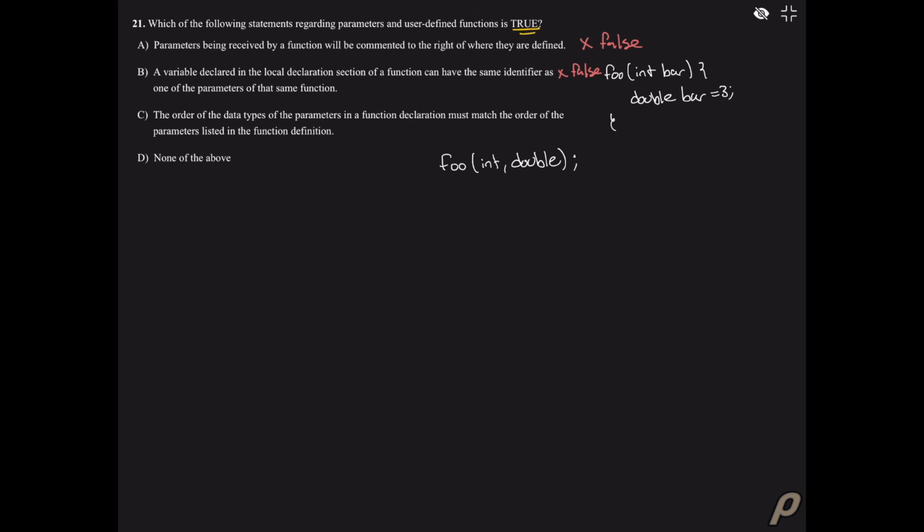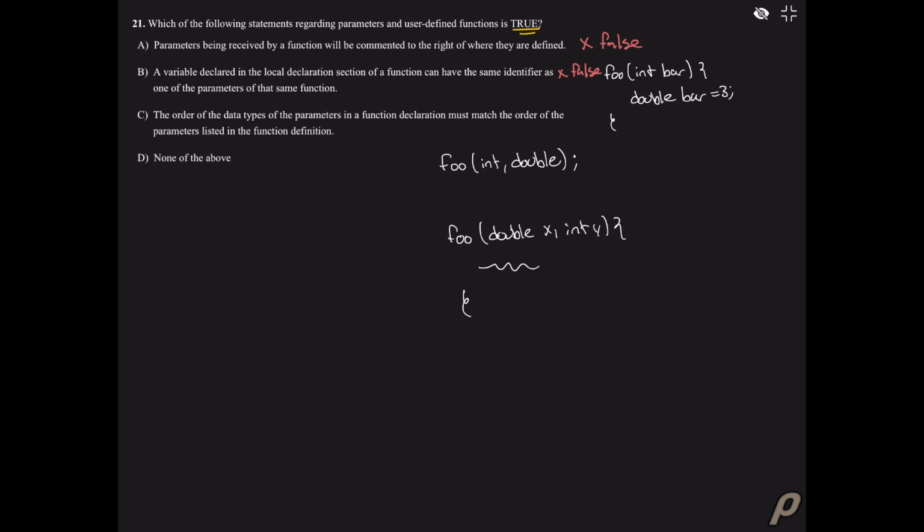And then the function definition is actually where the function is defined, down below main. So if we were to say double x and int y, we'll have the body in there, but you'll notice that the first parameter was defined as an int up here, but now we're saying it's a double.